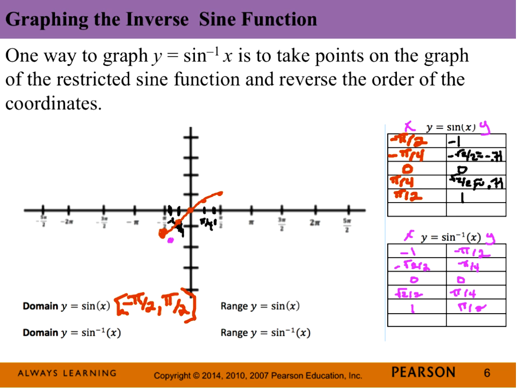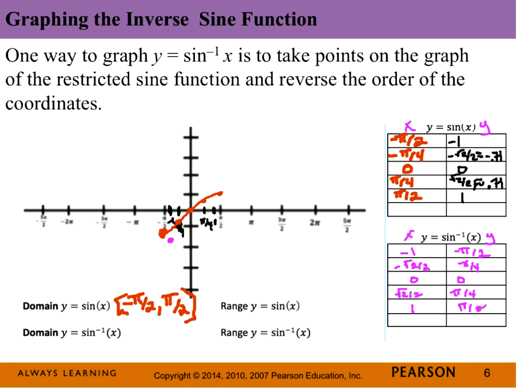And then negative square root 2 over 2 is equivalent to negative 0.7. I'm just going to put into my calculator real quick, pi divided by 4. Pi divided by 4 is 0.79 approximately, so it's going to live right towards the origin, to the inside of pi over 4.